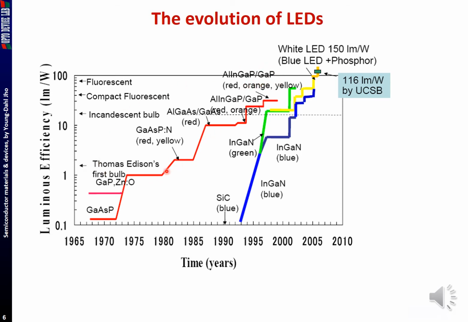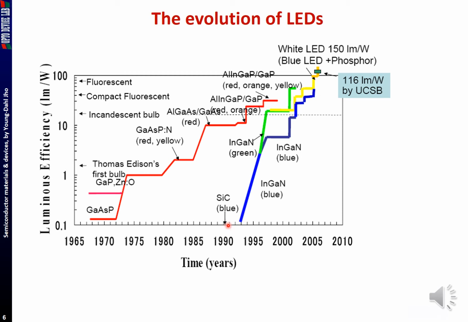Actually, these days most of them are gone. Maybe the gallium arsenide based materials still survive, but most of the other materials are already gone because they are all replaced by gallium nitride based materials.